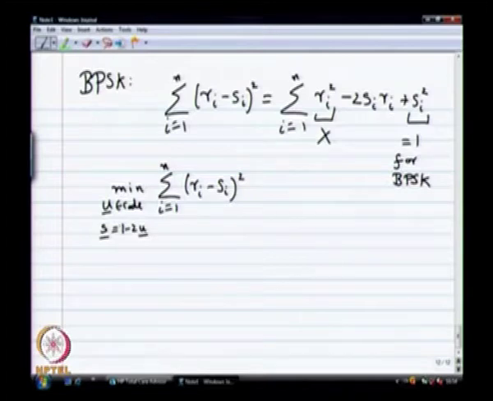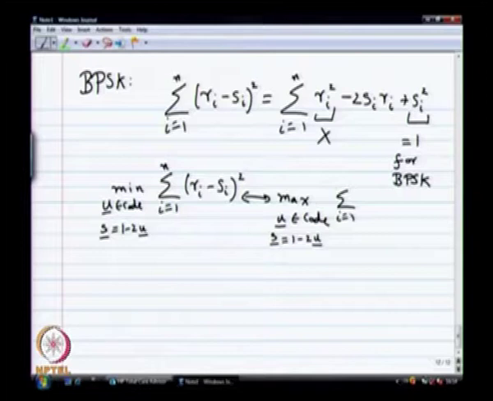Okay, this is important, BPSK is very important. This is the same as maximizing over the u in code, S is 1 minus 2 u, the summation i equals 1 to n of Si Ri. By what do we know this expression more familiarly? This is the dot product between R and S, or the correlation between the two vectors R and S.